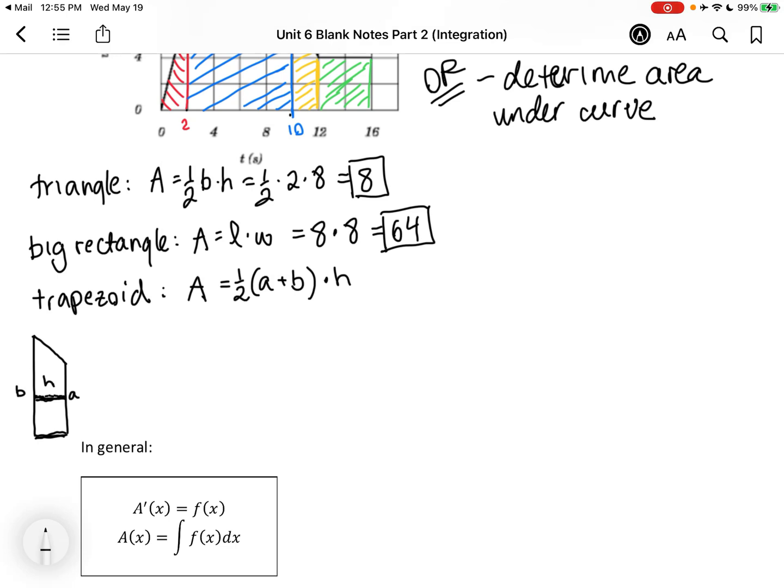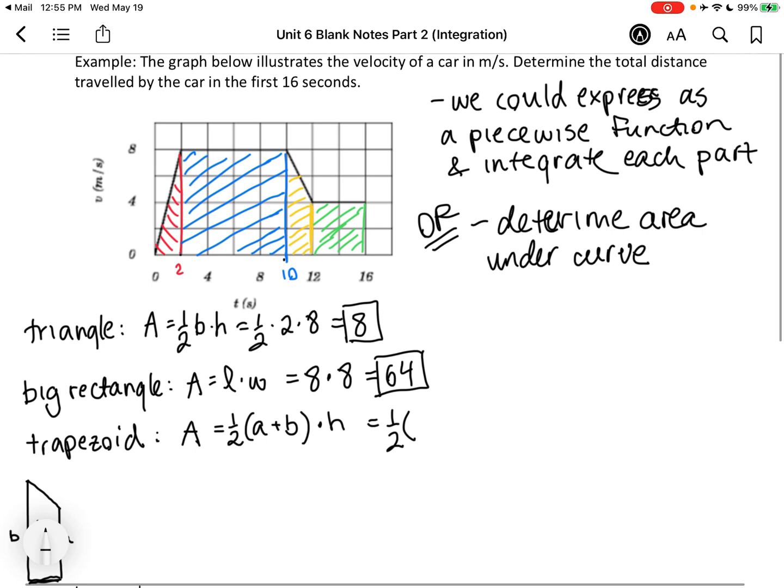And we call it height because sometimes both of the non-parallel sides are not perpendicular. In this case, one of them is perpendicular, but sometimes both of them are not. So here we have 1/2. Now our A, the longer side, is 8.